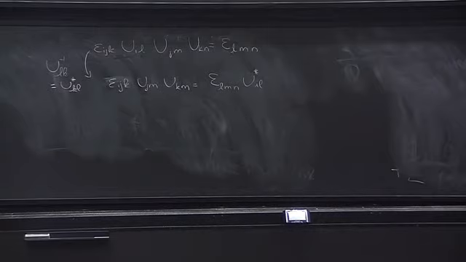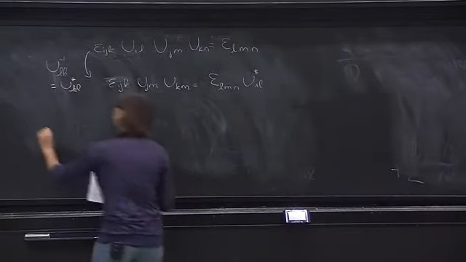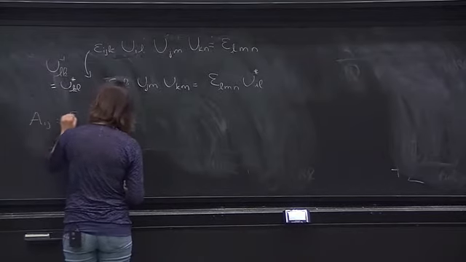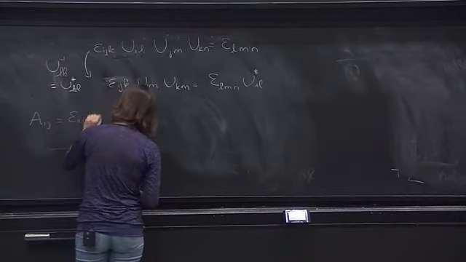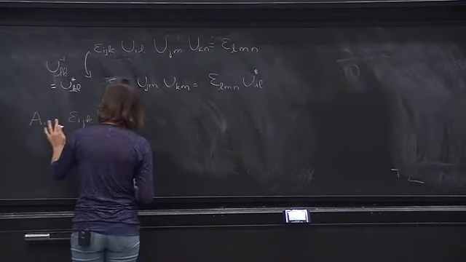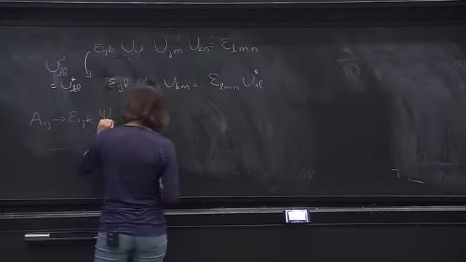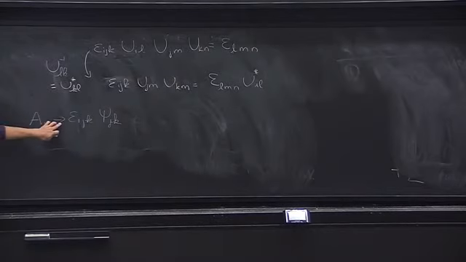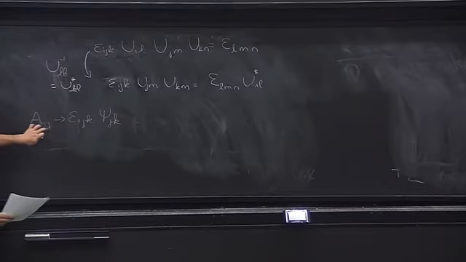So now we have that the antisymmetric part A_ij can be written as epsilon ijk. I cannot really write an equal sign because this is three-dimensional, but here I still have two indices where here I have only one.